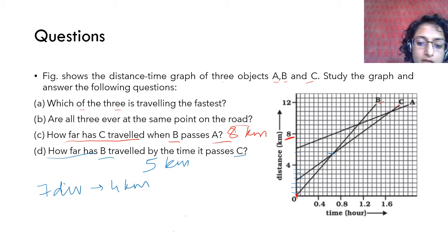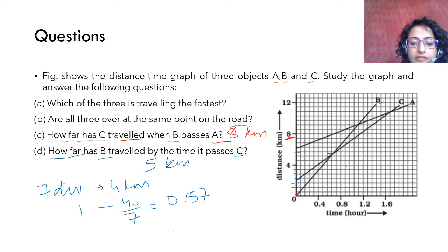ठीक है. So per division कितना है? 4 by 7, about 0.57. 0.57 किलोमीटर का एक division है. You can do that if you want. If you want to be even more exact, then you can calculate per division is 0.57 kilometer. Then you can calculate that when B passes C, 2 divisions have been passed, and 2 से थोड़ा सा ऊपर है, but you can consider this to be 2 divisions. 2 divisions over 4.